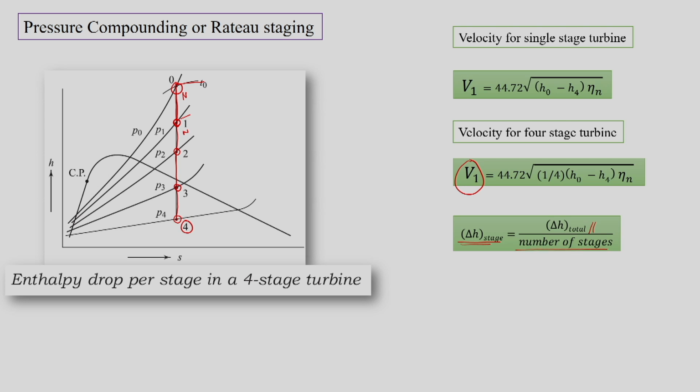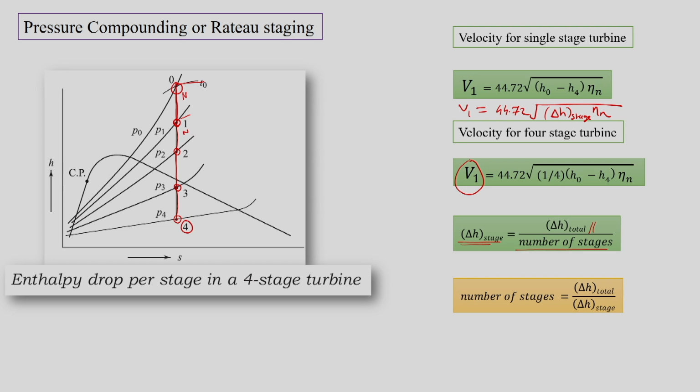So, we basically have in our formula V1 equals 44.72 times square root of delta H stage times nozzle efficiency. So, this is the ideal enthalpy drop in a stage. If we can find the enthalpy drop in one stage, then we can find the velocity at the exit of the first nozzle or the corresponding stage nozzle.